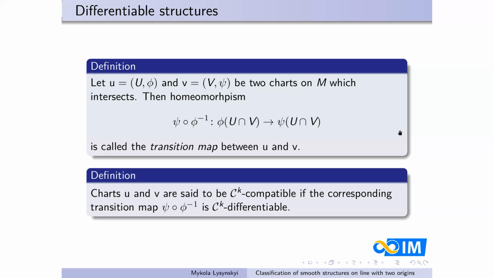We say that on a locally Euclidean topological space, we have a C^k structure if we have an atlas which consists of charts that either have C^k differentiable transition maps or their intersections are empty.